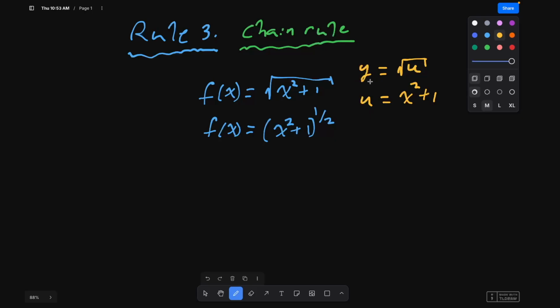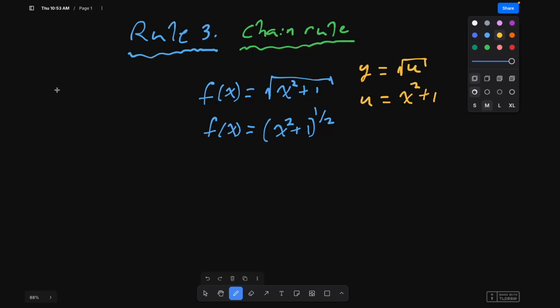And you can see we can piece it back together because we have the square root of u, and u equals x squared plus 1. So if we just put the u, x squared plus 1, back under the square root, we're right back where we started. So we just separated these two functions.